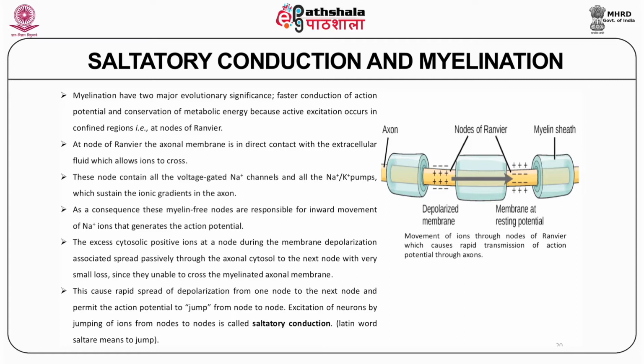This causes rapid spread of depolarization from one node to the next and permits the action potential to jump from one node to another. Excitation of neurons by jumping from node to node is called saltatory conduction, which comes from the Latin word saltare, meaning to jump.